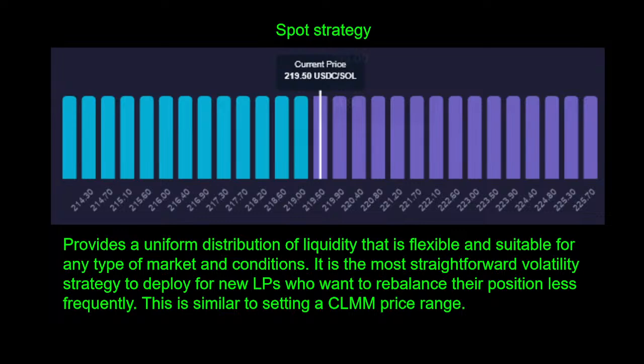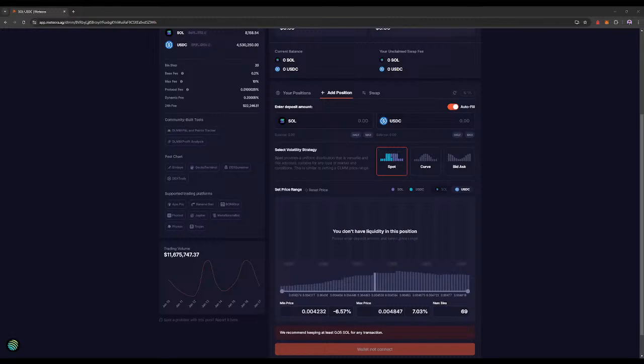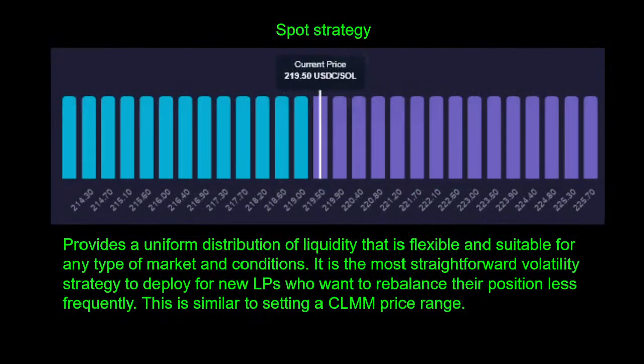So if we talk about the spot strategy, when you select that, uniform distribution of liquidity is done, and this uniform distribution is basically turning your position into a standard CLMM position.